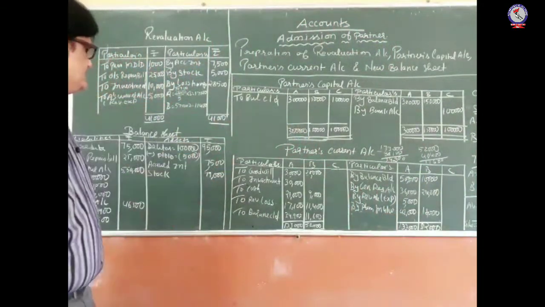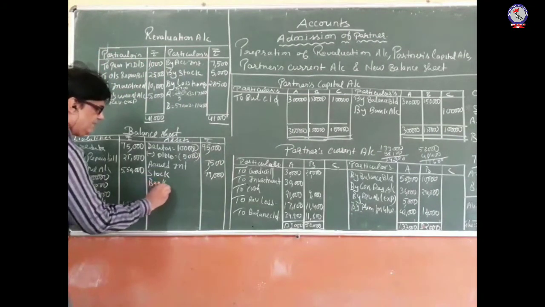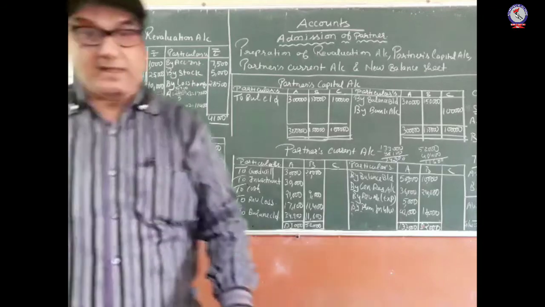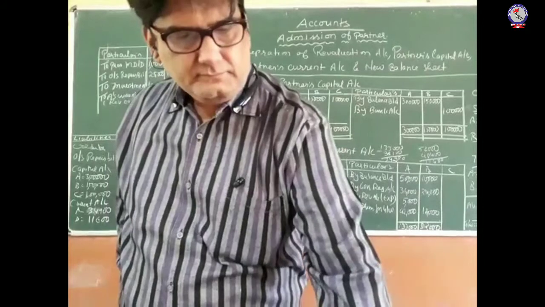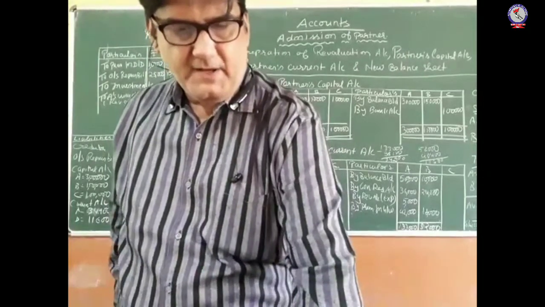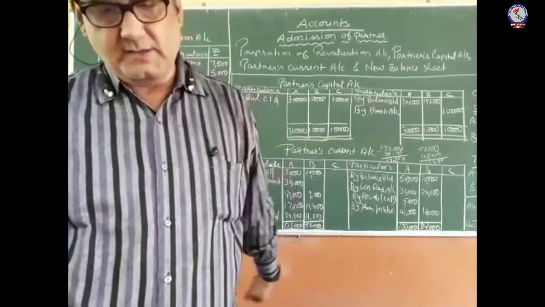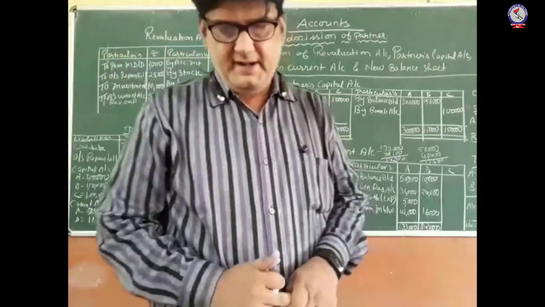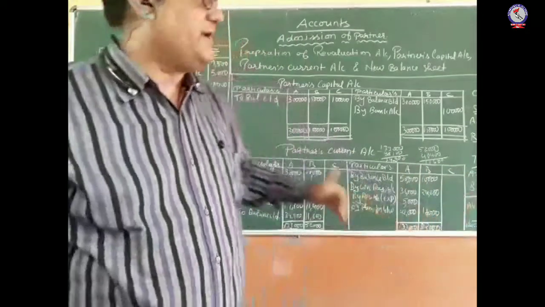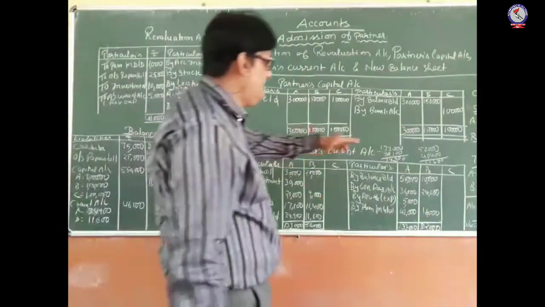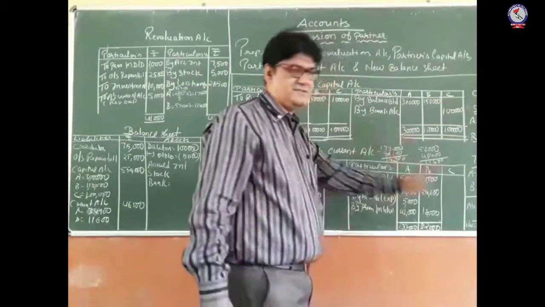So you have to find the bank balance. So bank account, what it says, that we were already having a balance in the bank that is rupees 25,000. After that, what we have observed is that the amount which was brought by new partner C, that is 1 lakh, and this one that is premium 60,000.